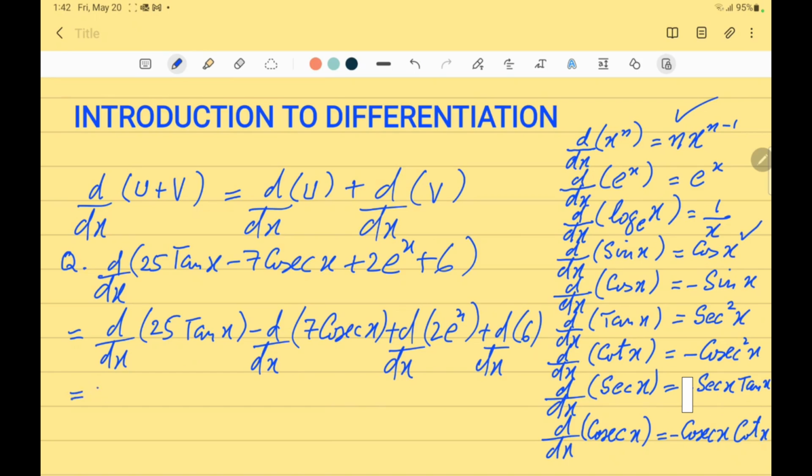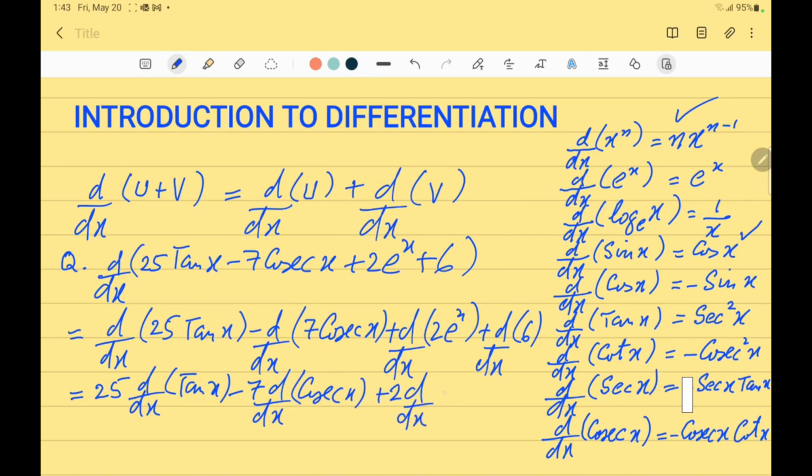Again here we will take out 25 because it is multiplied with the variable, so 25 is out of the differential, and we will write d by dx of tangent x. Again 7 will be out, and d by dx of cosecant x, plus again 2 is out, d by dx of e to the x, and differential of any constant is equal to 0.